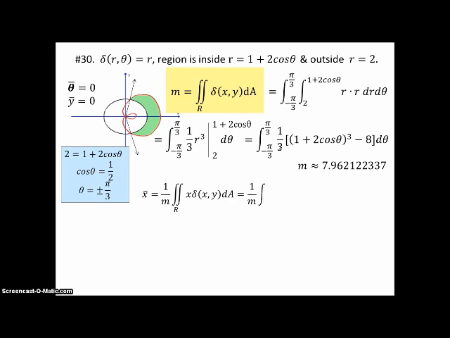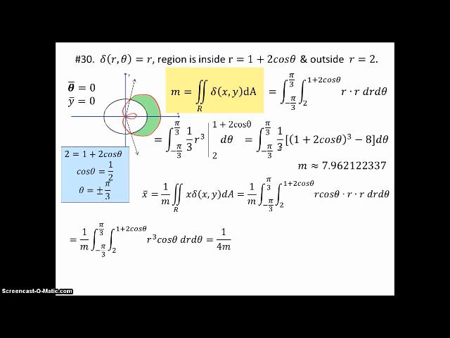So we want 1 over the mass times the integral of x times the density. And so I'm just going to keep m there. And so x has to be written in polar form. x is r cosine theta. And then we have r for the density. And again, dA becomes r dr d theta. So we're going to integrate our r cubed, and that's times cosine theta. And that's going to be 1/4 r to the 4th, which I substituted for r to the 4th.